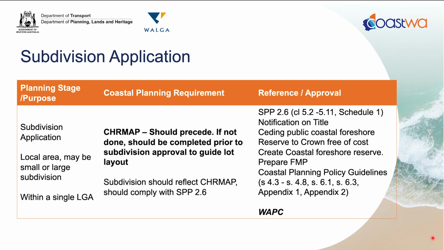And that's important because the special control area provisions, at the local government level, are typically dealing with development applications, where the relevant instrument for the notification is the Transfer of Land Act, whilst at subdivision, the application is dealt with by the West Australian Planning Commission and the use of the Planning and Development Act can come into play.